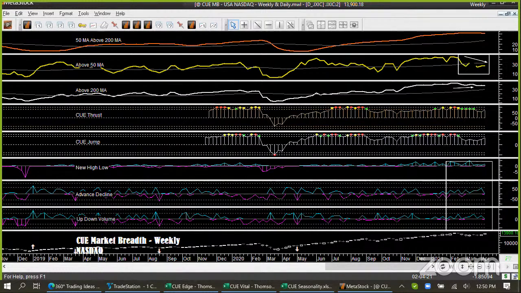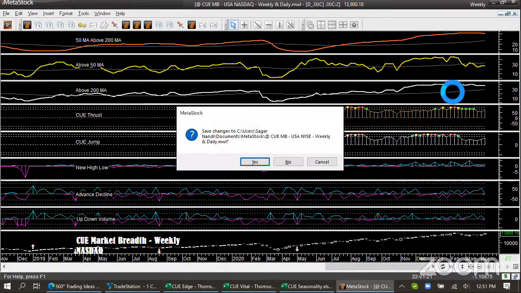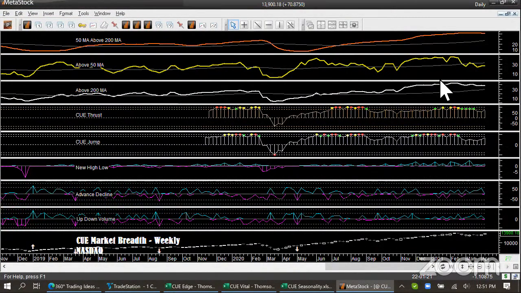In what way? The percentage of stocks above 50 MA for Nasdaq as a whole is still below the average line. That is the only weakness shown in the market. Overall, we have to say that the internals are very bullish.